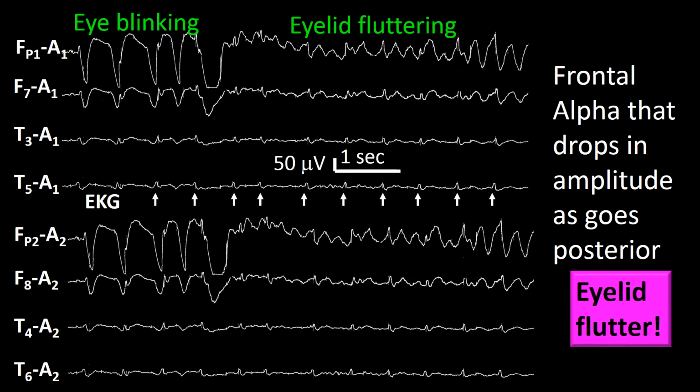This new epoch shows blinking initially, followed by eye fluttering. In addition, the arrows are pointing to EKG artifact, which when occurring at the same time as the fluttering makes it look like spike and wave discharges.